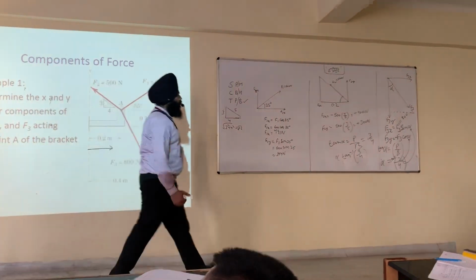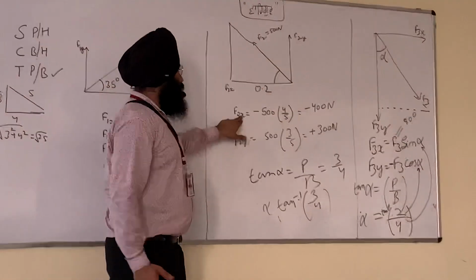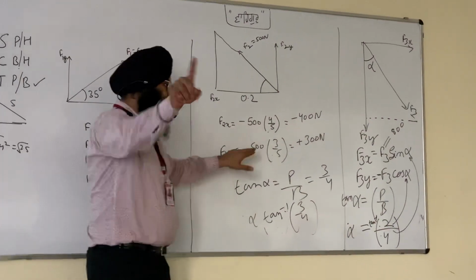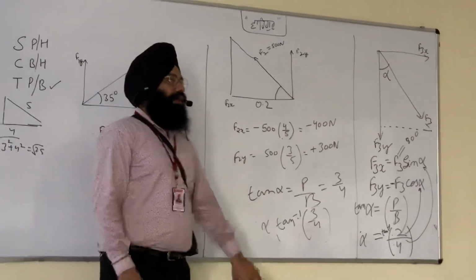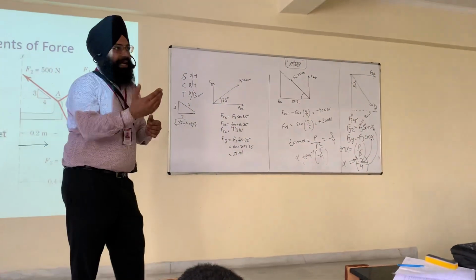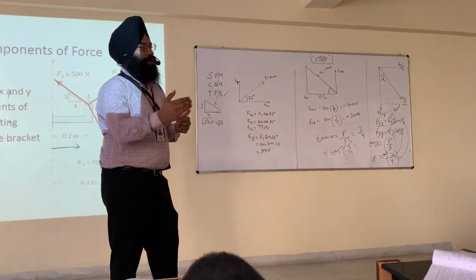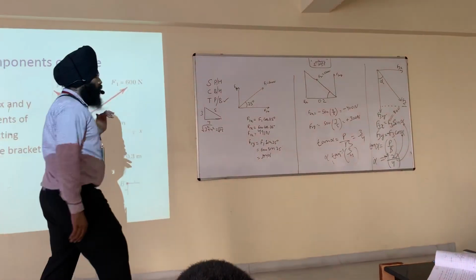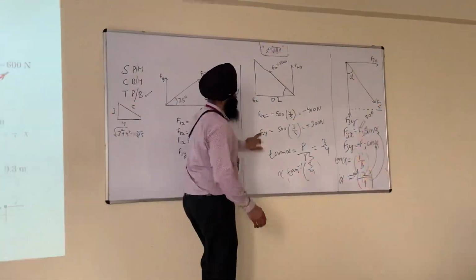So we get F2x as minus 500 times 4 by 5. Similarly, F2y is 500 into cos of the angle, that is base over hypotenuse, 3 by 5. So we get a positive value in the y direction.